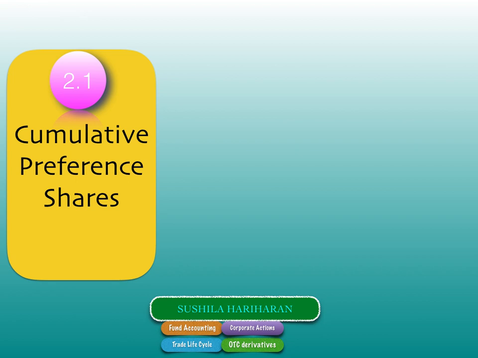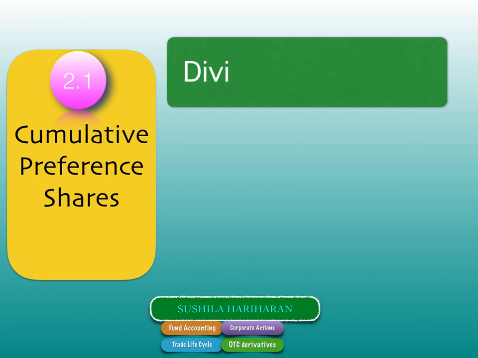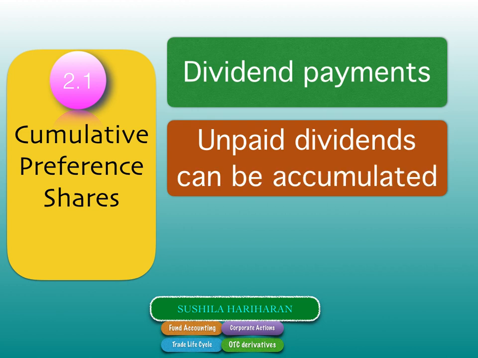Now, this is a little funny term to understand, because what do we mean by cumulative? Cumulative means that dividend payments can be cumulated. This is in reference to the dividend payments made by the issuer as a company. Let's say a company has not made profits as expected. They expected, say, $100 million profit, but they made only about $60 million because of the economic uncertainty, the VUCA world as they like to call it.